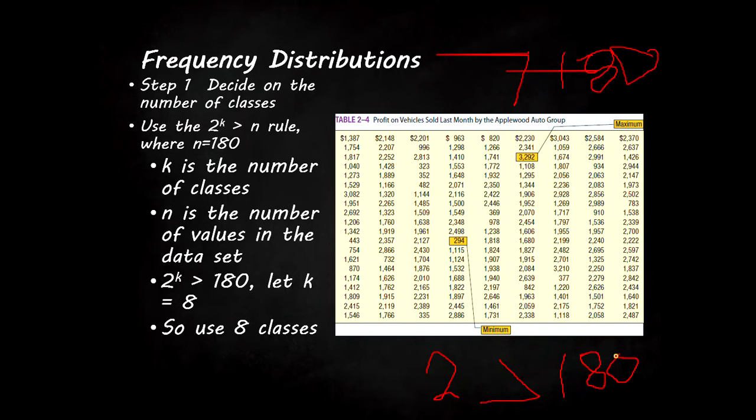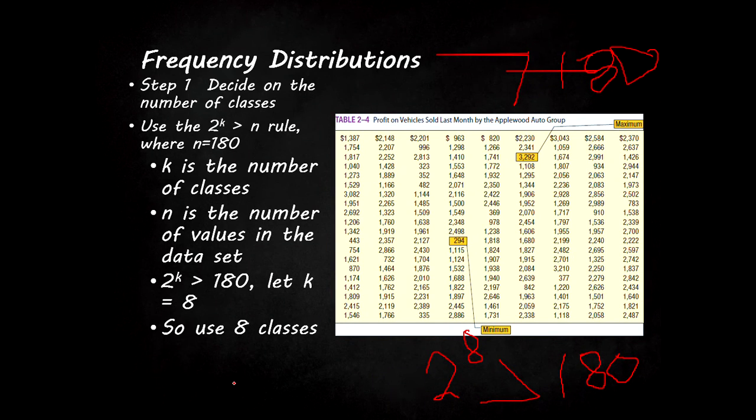So 2 raised to some power is greater than 180. For instance, 2 raised to the 6th is 64. 2 raised to the 7th is 128. 2 raised to the 8th is 256. So 2 raised to the 8th is the first power that is greater than 180.